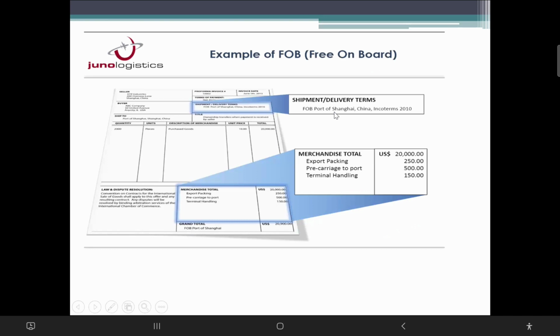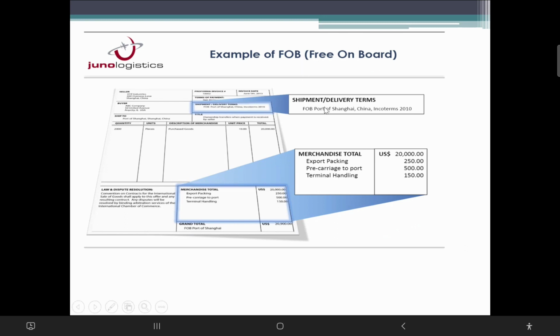Now FOB. If the term is FOB, merchandise total 20,000 is there, and then export packing is added. It was not there in Ex Works. Export packing charges are also there, and pre-carriage to the port. We discussed pre-carriage, main carriage, and on-carriage.